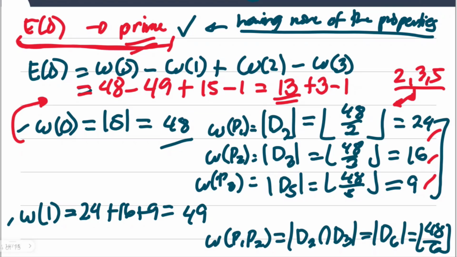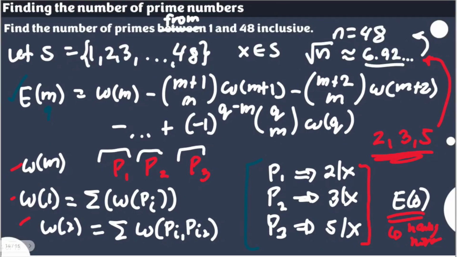This is the result 13 using the GPIE, but the 3 of them will be included because they were also removed. And the subtraction of 1, since we were not able to remove 1 earlier because 1 is a non-prime as well. So you will get a result of 16 minus 1, you have 15 prime numbers, all in all, less than 48. So there are 15 prime numbers, and we did this using the GPIE, using the concept of E of 0.